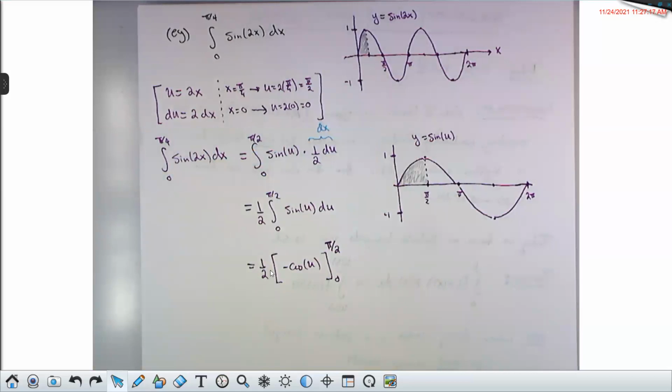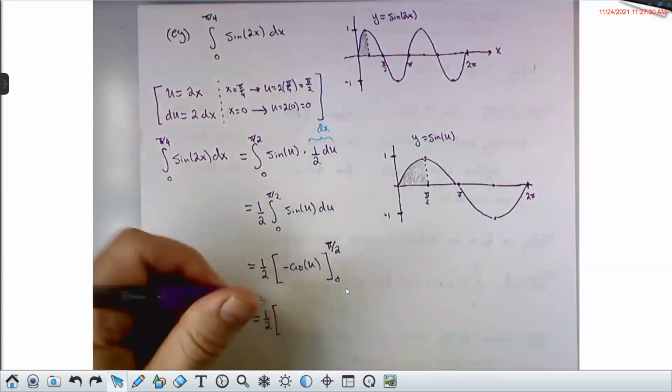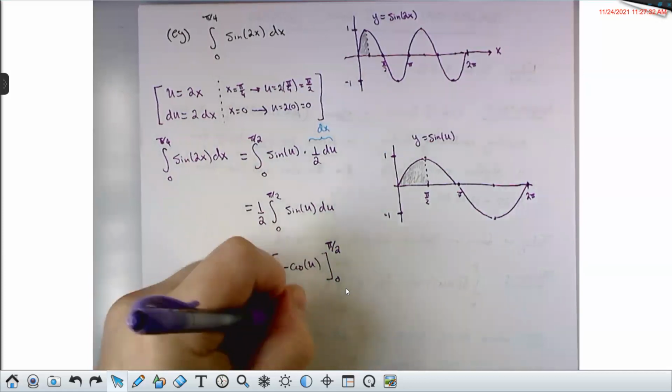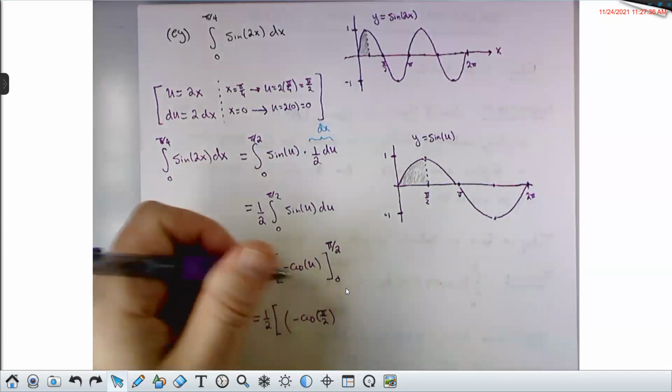But also, since we changed our bounds, we don't need to plug back in 2x here. We're just going to plug in pi over 2 and 0. So no matter what calculus teachers have told you in the past, you do need to change your bounds.